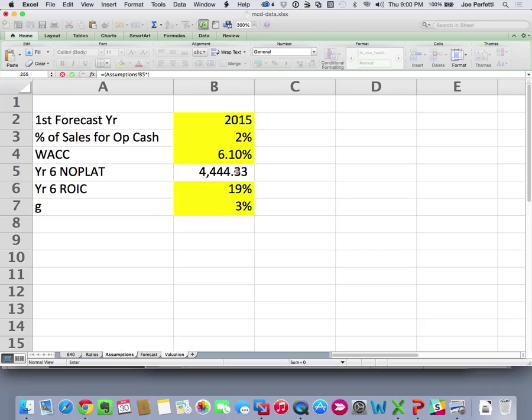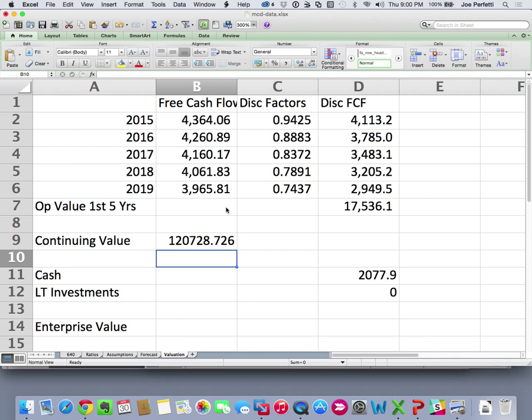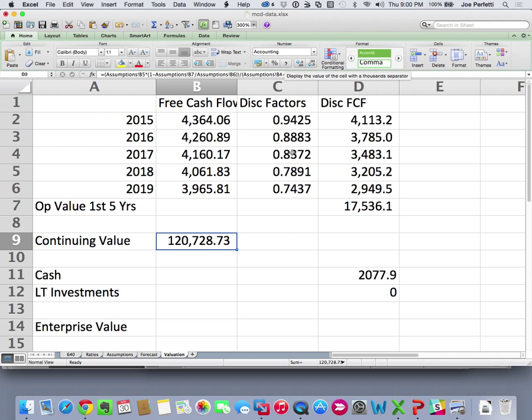NOPLAT times left paren 1 minus the growth divided by the return, divided by the WACC minus the growth. There we go. So that would be their continuing value of what they'll generate after 2020.